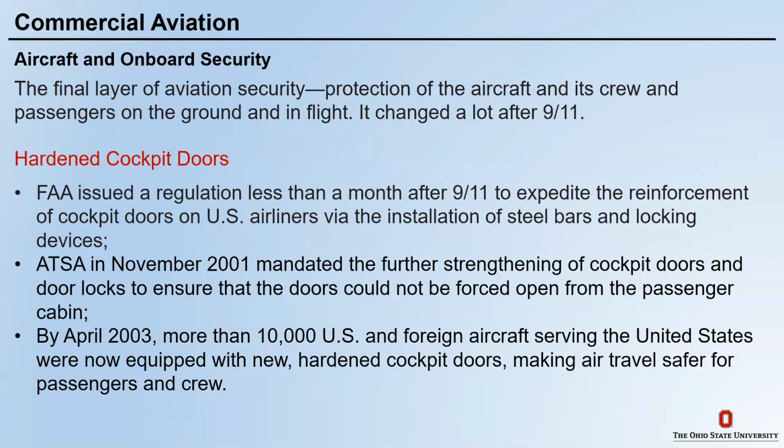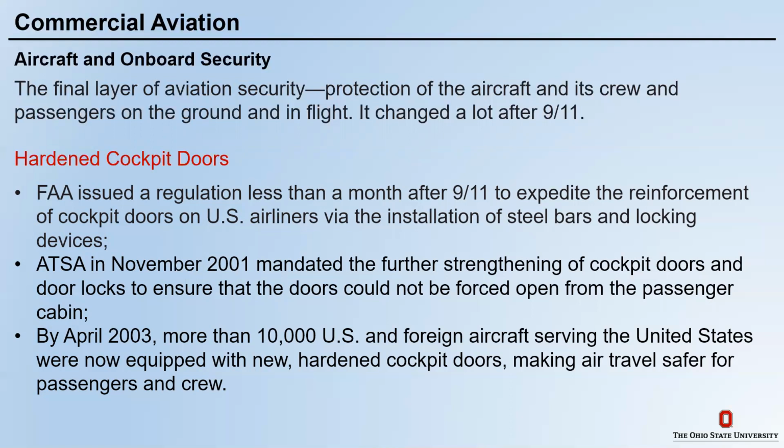So the purpose is to stop unauthorized entry to the cockpit from the passenger cabin of the airplane, right? And ATSA in November 2001 mandated the further strengthening of cockpit doors and door locks to ensure that the doors could not be forced open from the passenger cabin side, right?